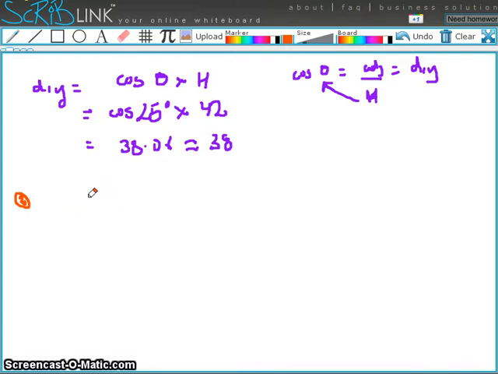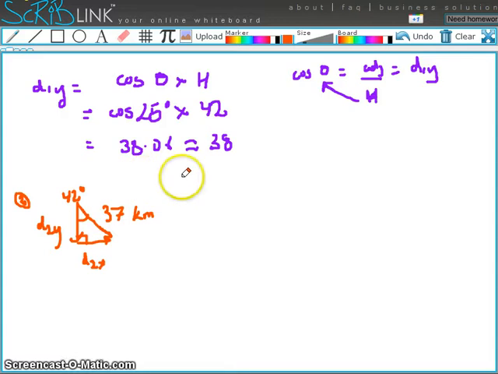We have your d2y in your south direction, and you have your d2x, again in a positive east direction. 37 kilometers is the actual displacement, and this is a 90-degree angle, and this is again a given angle of, I believe, 42 degrees. Very simply break it up into your vectors.